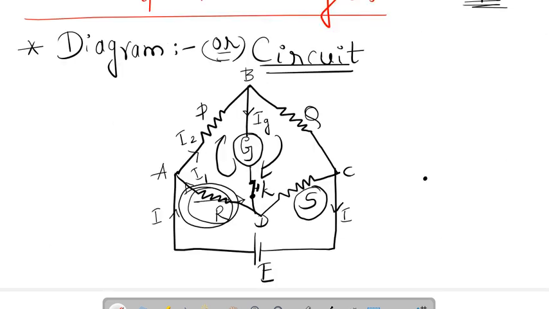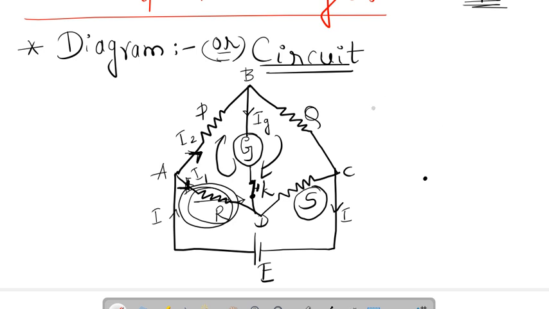The algebraic sum of all the currents. See, if you see the diagram here, I2, let me show you. Sorry, I1 will be in this direction. This will be in this direction.